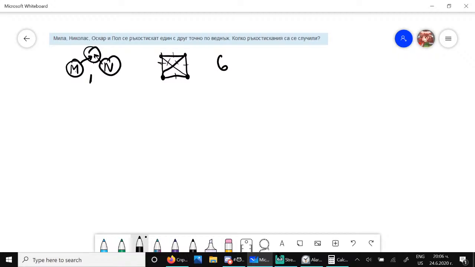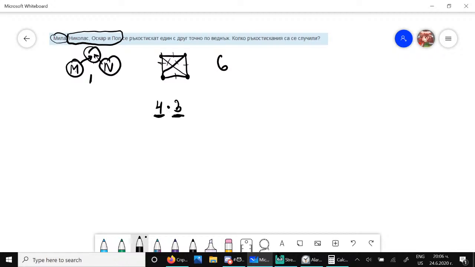Or we can do it a little bit more complicated, which is we have two positions. In the first one, we get the first kid that will high five, and we choose, let's say, Mila, and there are three other possibilities for the second kid.